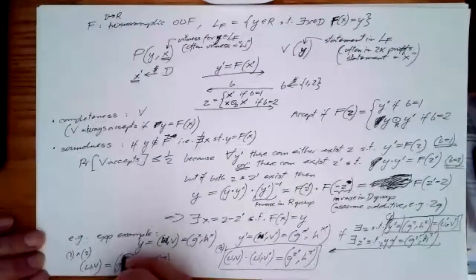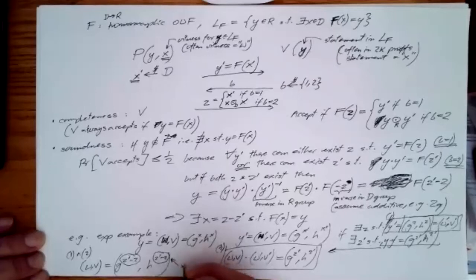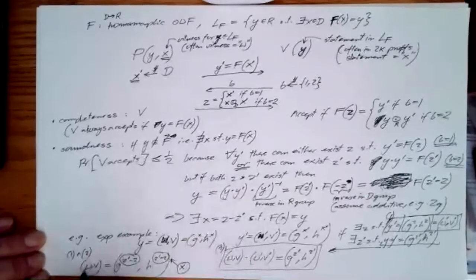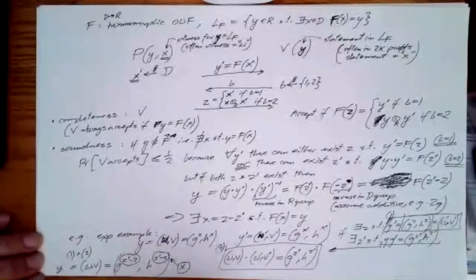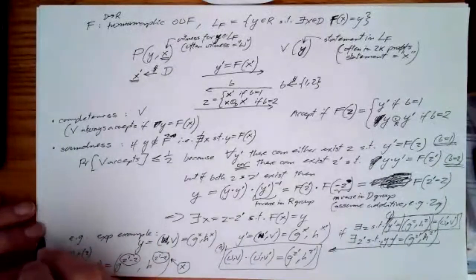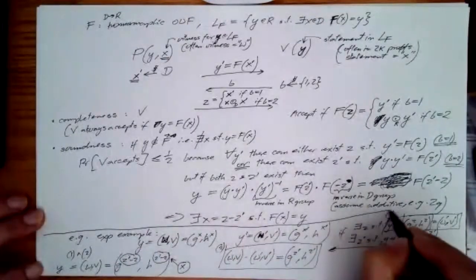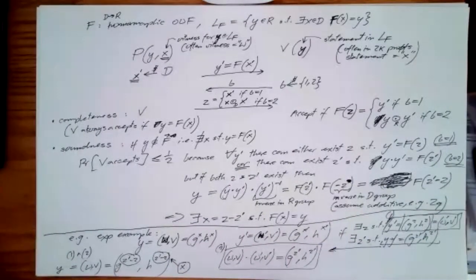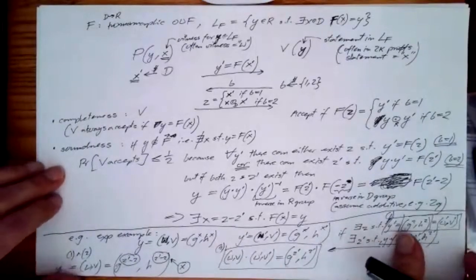Yes, so this is my x, which shows that my y was indeed in the language. Okay, so all of this is this concrete example where you see the same math concretely, right?